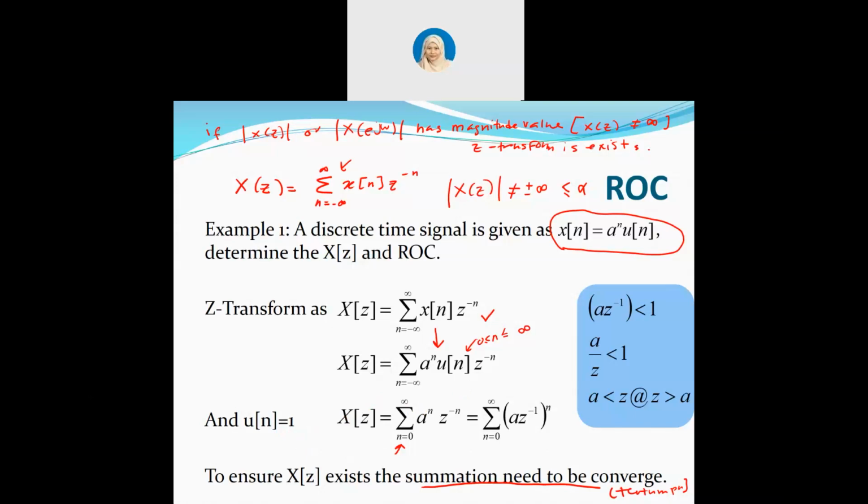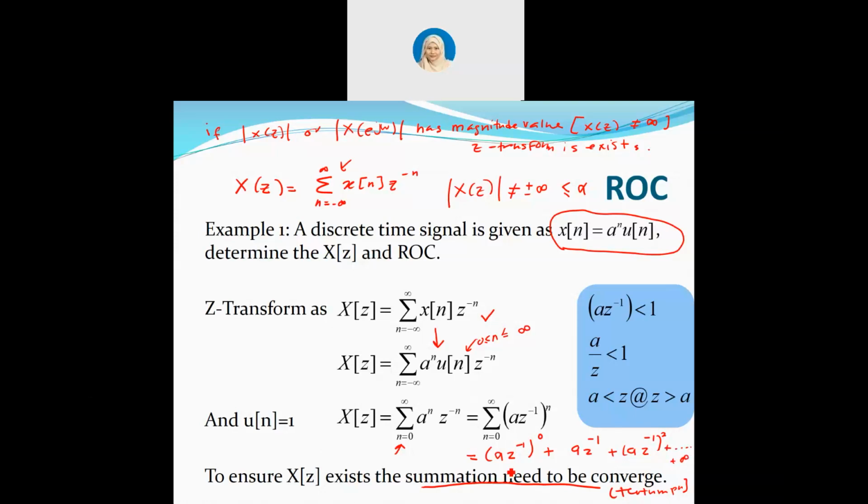Next. If we expand this summation, it is actually (a z^(-1))^0 plus (a z^(-1)) plus (a z^(-1))^2 plus, until infinity.